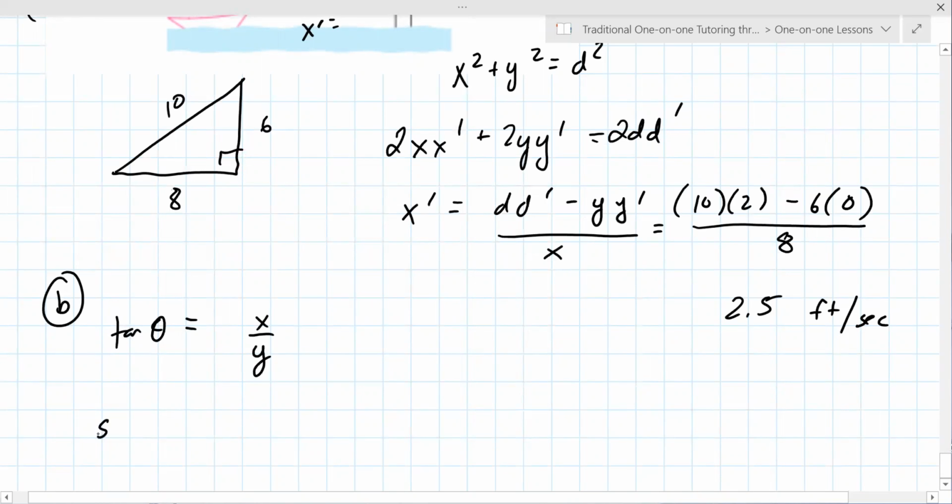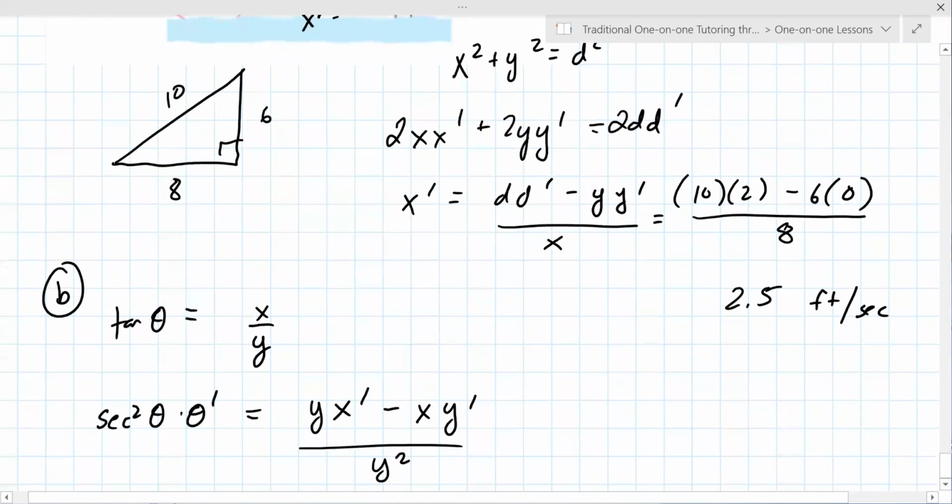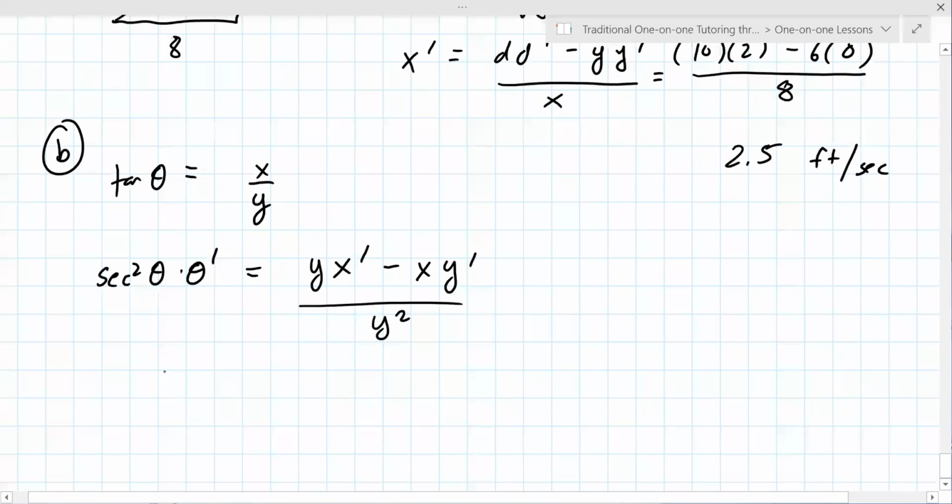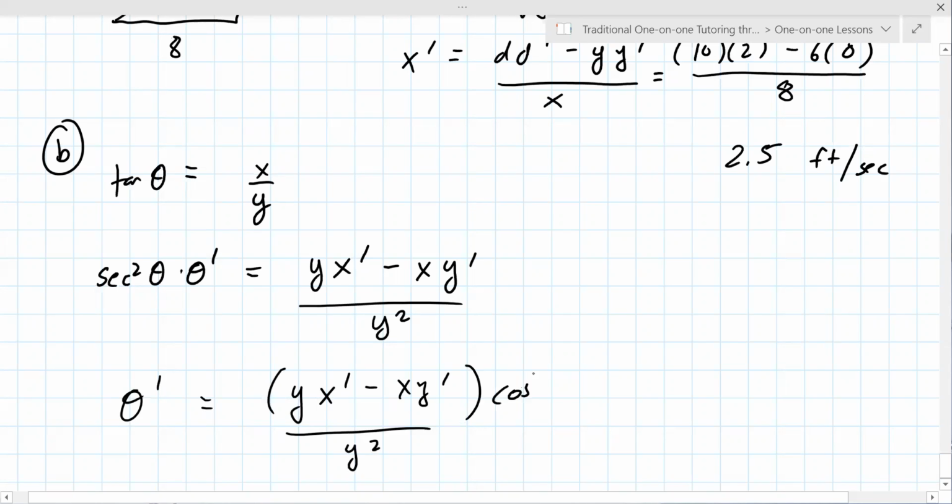So now we have to take a derivative. Secant squared theta times theta prime equals y x prime minus x y prime over y squared. Secant squared is really 1 over cosine squared, so you can move it to the numerator: y x prime minus x y prime over y squared times cosine squared theta.